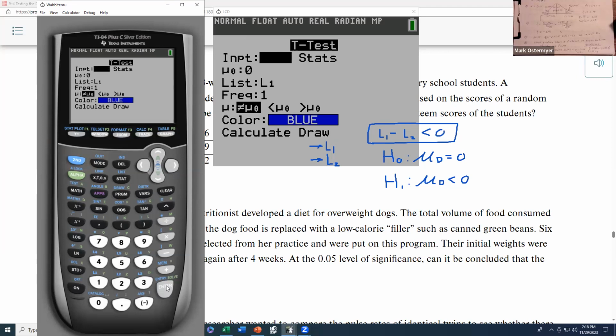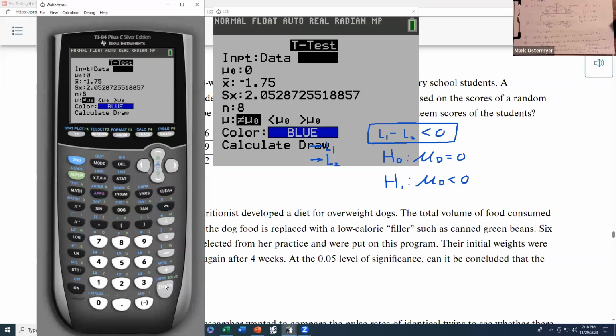Wait a minute here. T-test. We want to conduct a t-test. Let's go to stat.